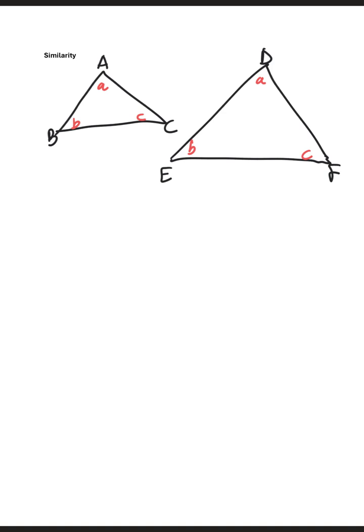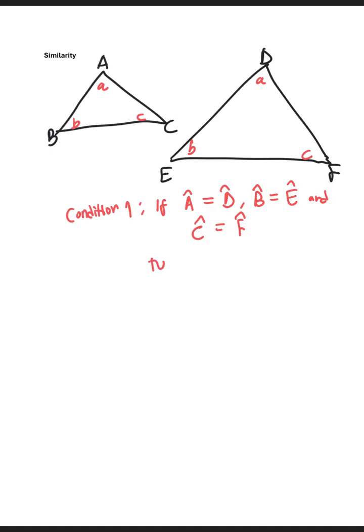So the first condition, condition 1, is that if angle A is equal to angle D, and angle B equals to angle E, and angle C equals to angle F, therefore triangle ABC is similar to triangle DEF.